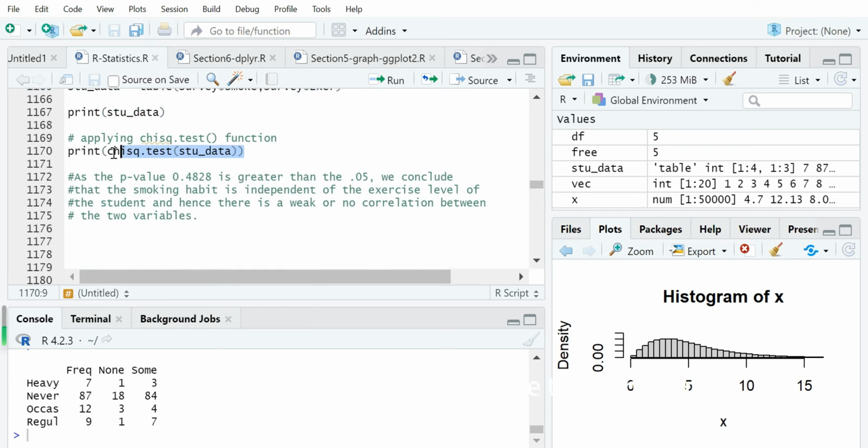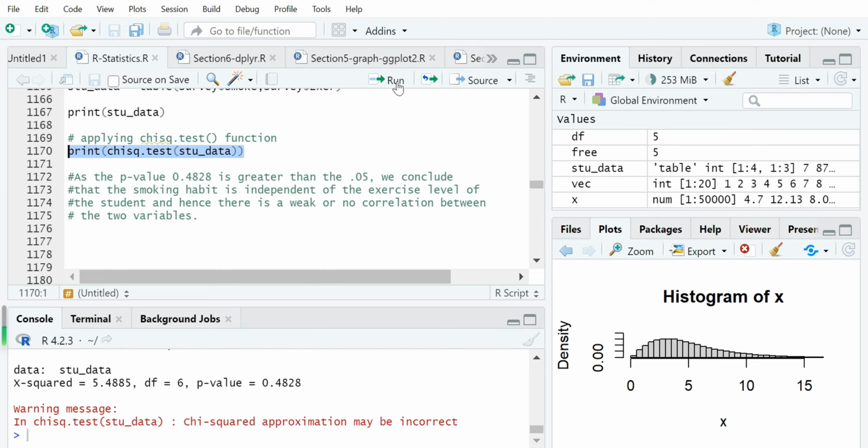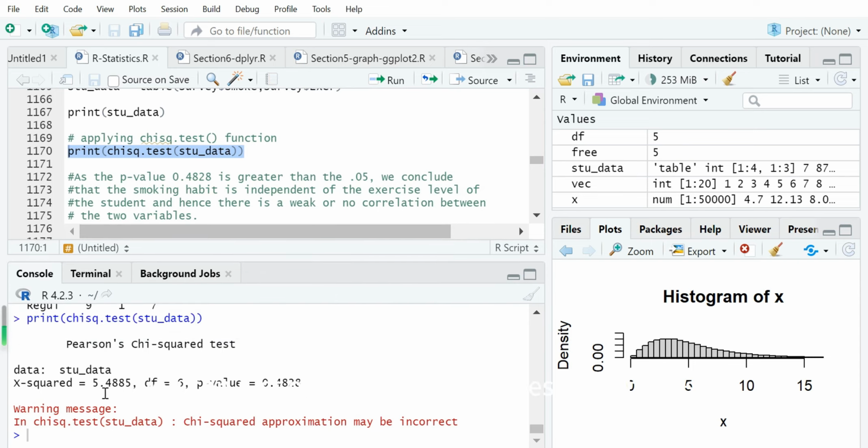Next, we can just use the chisq.test function on this contingency table. We can just ignore this warning message. The result gets a p-value of 0.48 and a chi-square test statistic of 5.48 with degrees of freedom 6. Because the p-value here is larger than 0.05, we conclude that the smoking habit is independent of the exercise level of the students, and there is a weak or no correlation between the two variables.